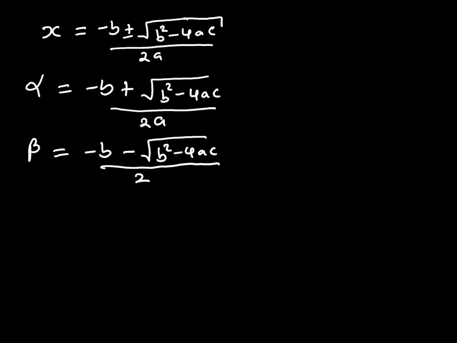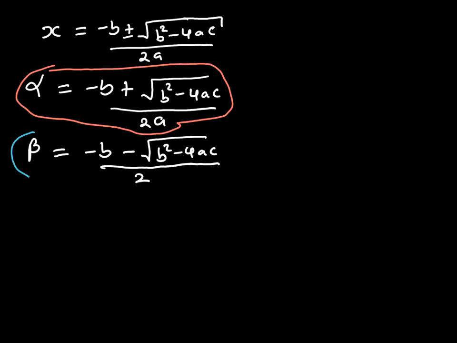Now suppose we want to investigate something. We are saying one root alpha is equal to this part, and then the other root beta is equal to this. Those are two roots. They only differ by the negative sign. This is minus, this is a plus. What if we try to add the sum of roots?